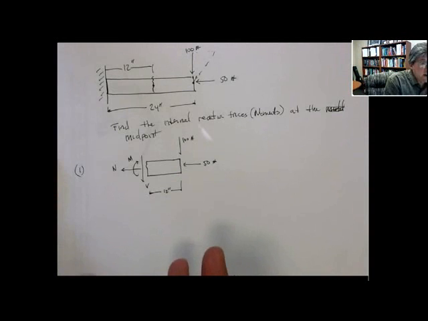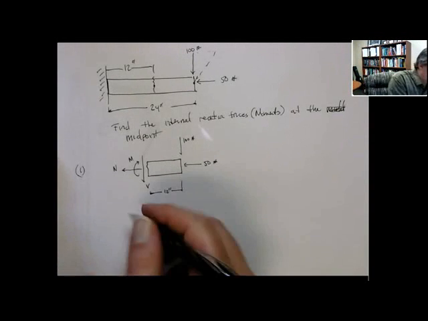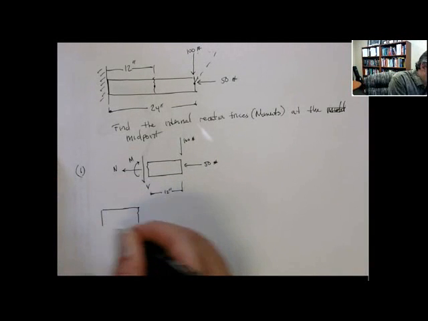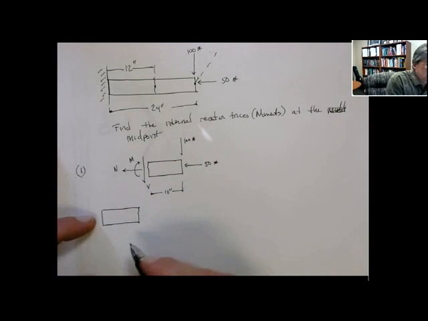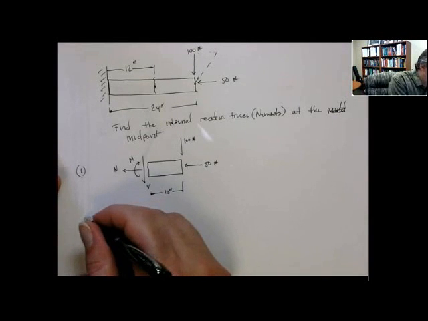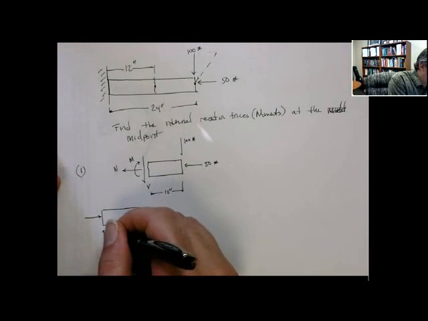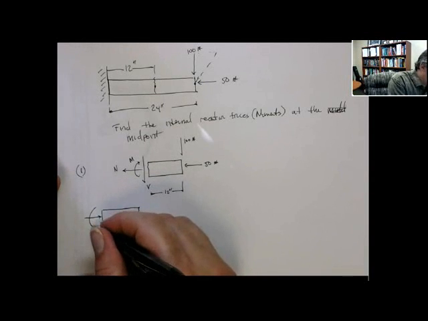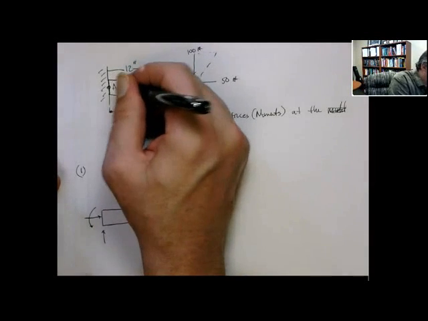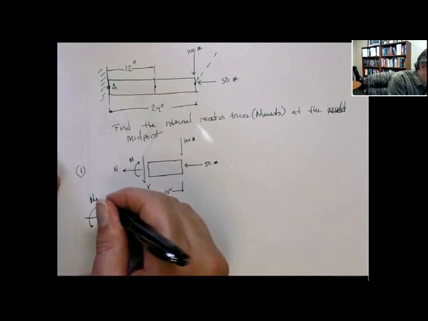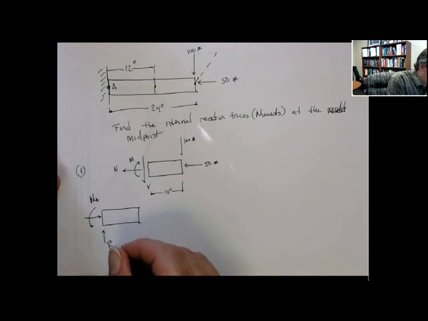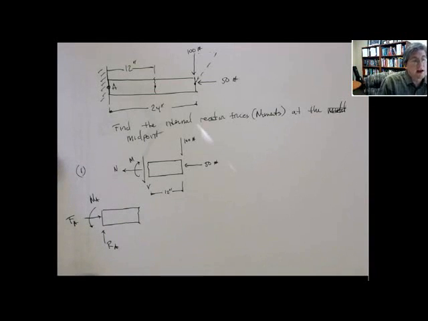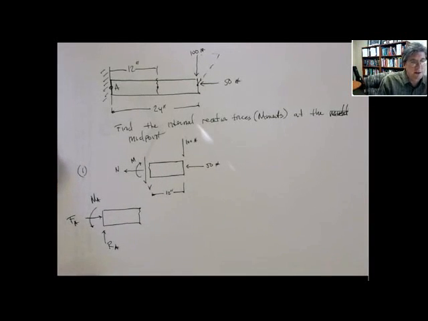We could also draw the free body diagram on the left side. Now this is a built-in support, so it has a reaction force in the x and y direction as well as the moment. So let's call this point A. So we've got a moment at A, y reaction at A, force in the x direction at A. Called F and R just to keep the subscripts kind of reasonable.